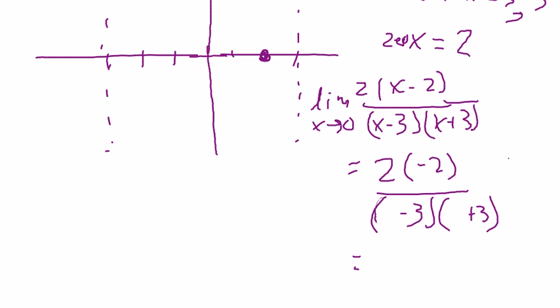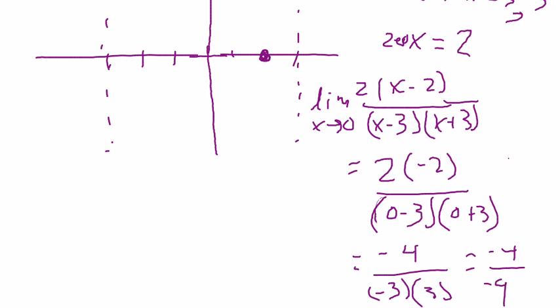Alright, Mr. Reed's tired, and he substituted in 2 for x instead of 0, so I need to make that change. Then I get negative 4 over 0 minus 3 is negative 3, times 0 plus 3 is 3, which is negative 4 over negative 9, which is positive 4 over 9.